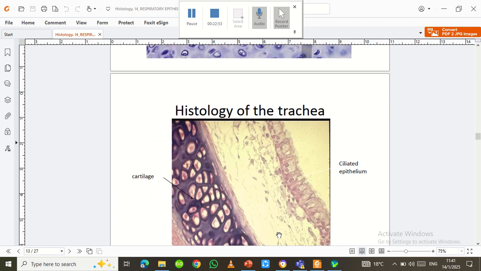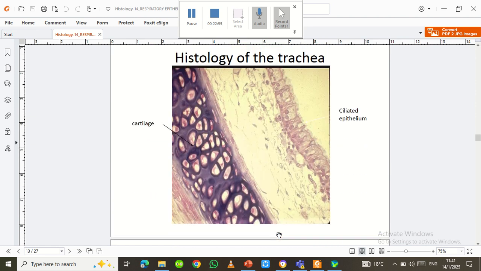You understand? So another diagram: your ciliated columnar, pseudostratified epithelia, your lamina propria. You're gonna appreciate your submucosa right here, your pericardium.